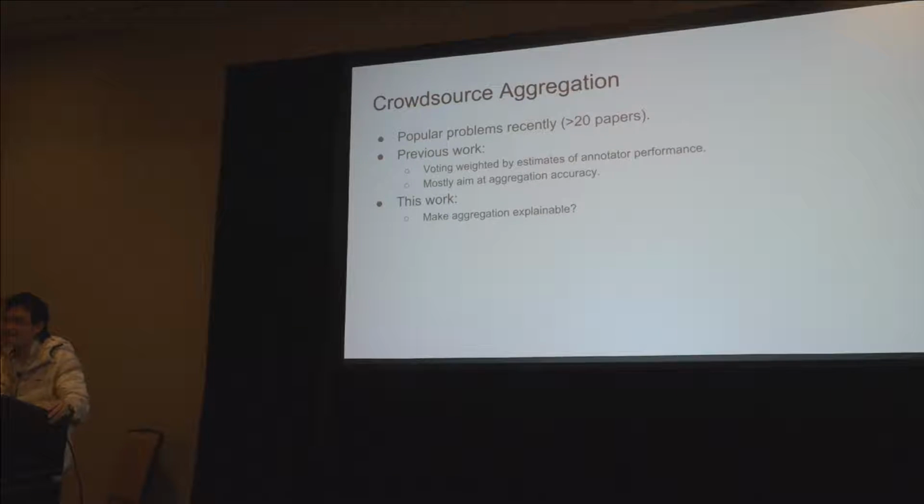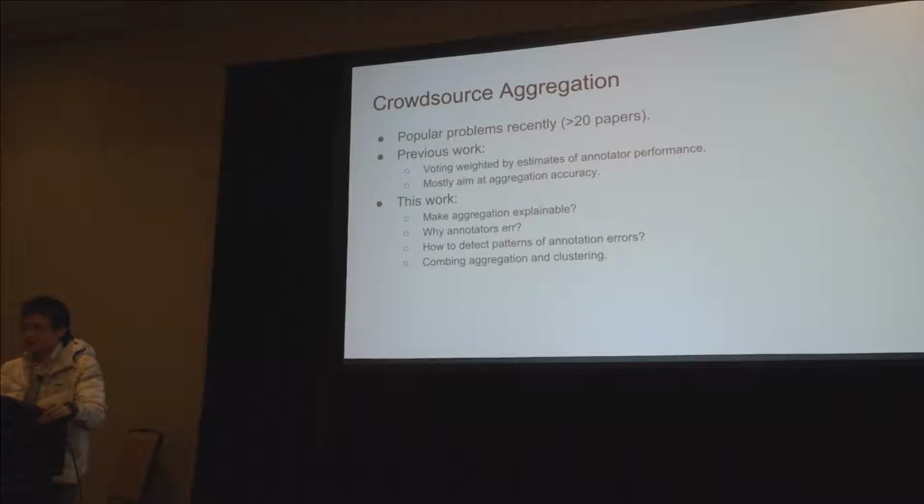By explainable, we are specifically interested in explaining the errors made by these annotators. So the question is why the annotators made mistakes. And we would like to use aggregation models to detect these patterns of annotation error.